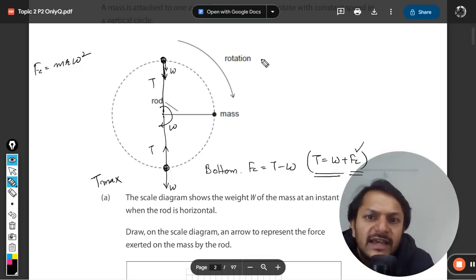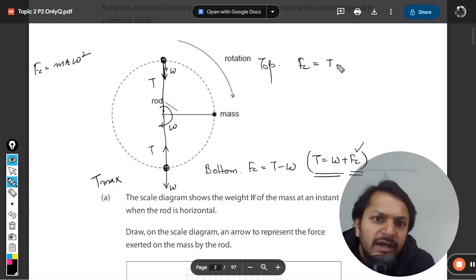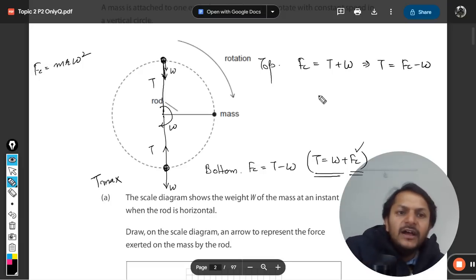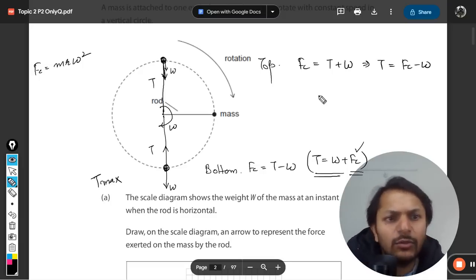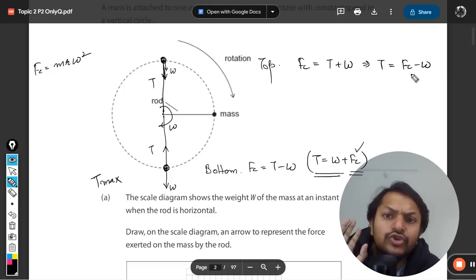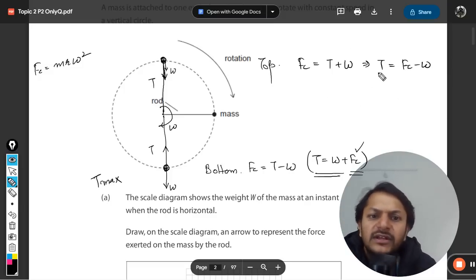So we can say at the top, the centripetal force is created by the sum of T plus W. And from here we can say that T is equal to Fc minus W. And obviously Fc minus W should not be zero because it is moving in circular motion. So tension will be there.